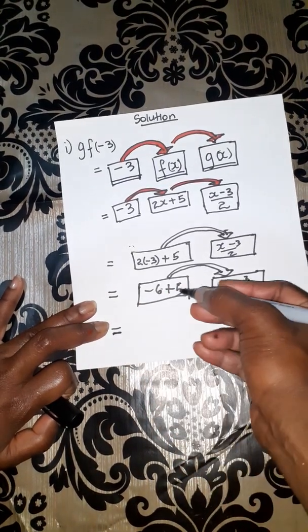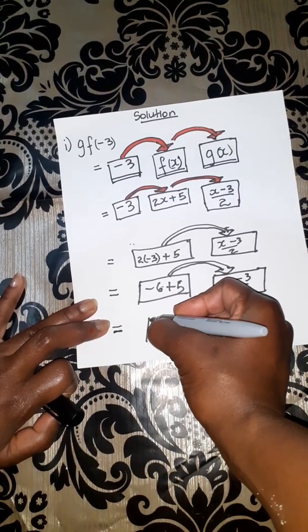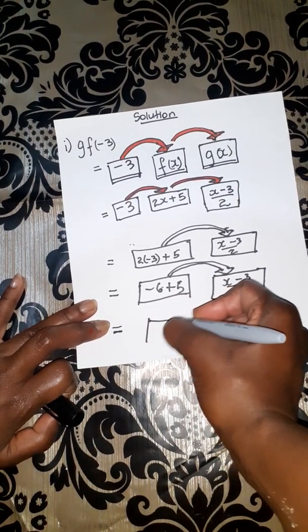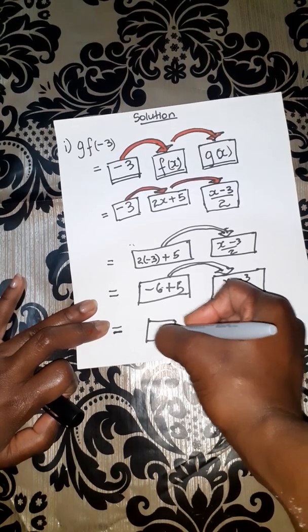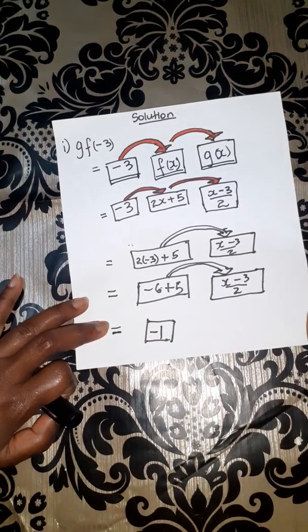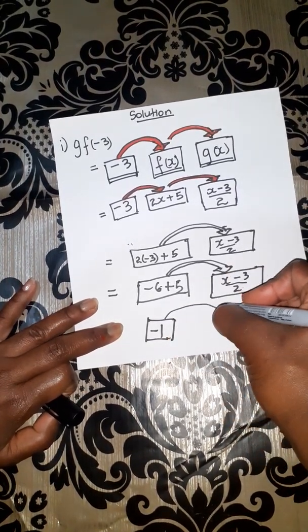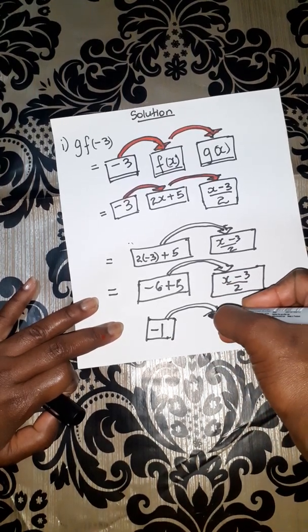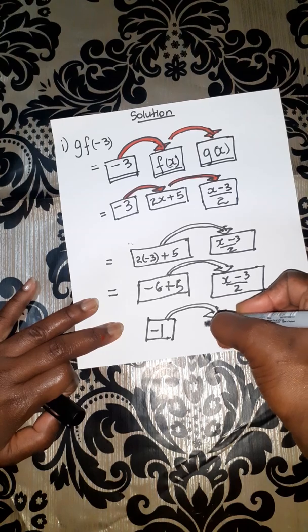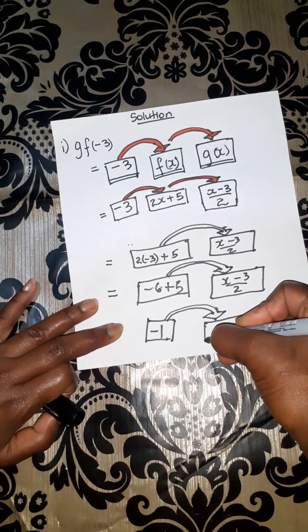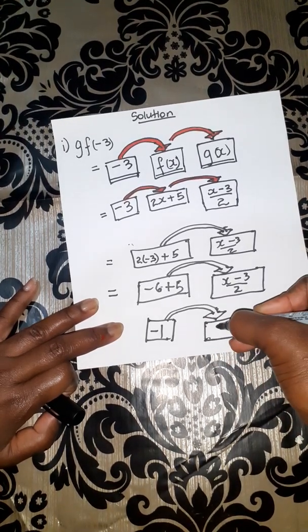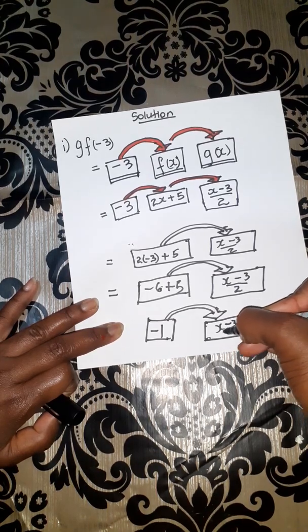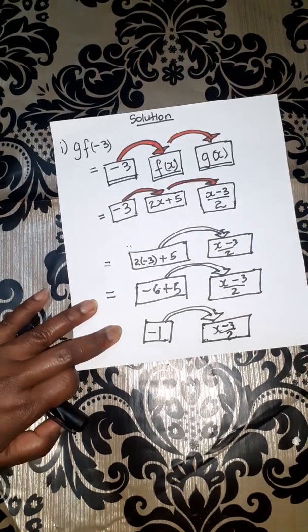Have you worked out what this should end up being? Very good. If you said negative 1, you are so correct. So this negative 1 goes into the g function, replacing the x in x minus 3 upon 2.